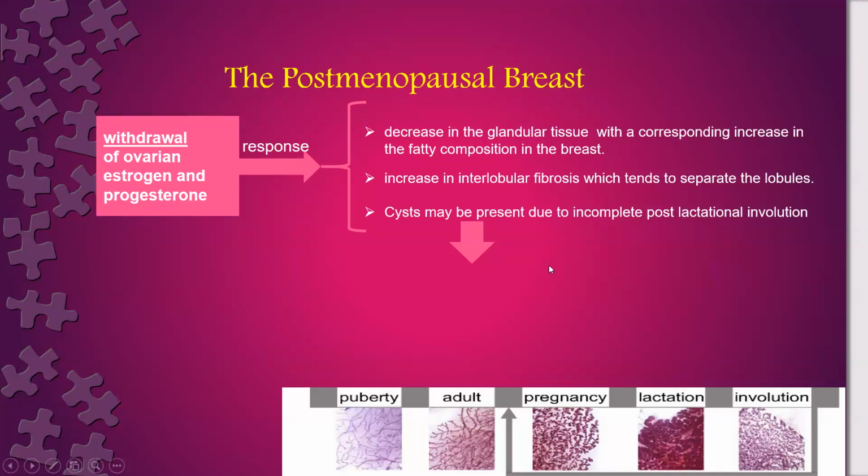This is due to fibrosis of these septations, and due to incomplete involution, also cysts might appear in the mammography. And then the mammography appears fatty and easy to assess and detect. Okay, if the patient in postmenopause receives hormonal replacement therapy, what will happen?